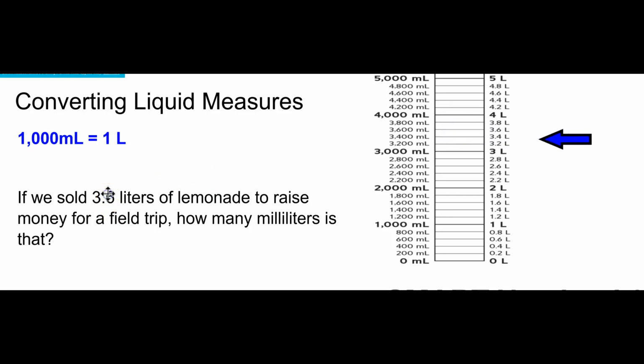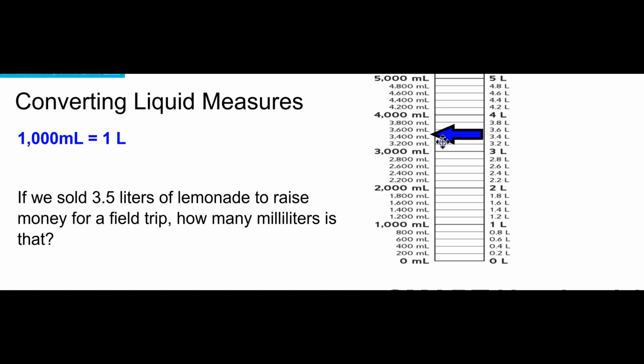What if the question was, we sold 3.5 liters? Okay, let's look. Uh-oh, 3.5's not there. What can I do? I see 3.4 and 3.6. I know 3.5 would be right in between those two.